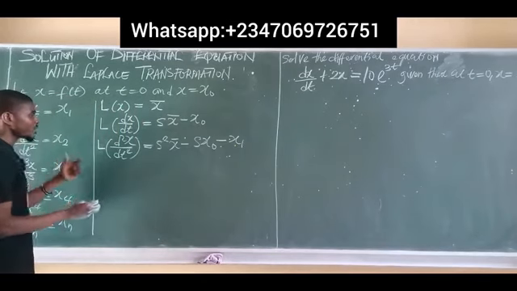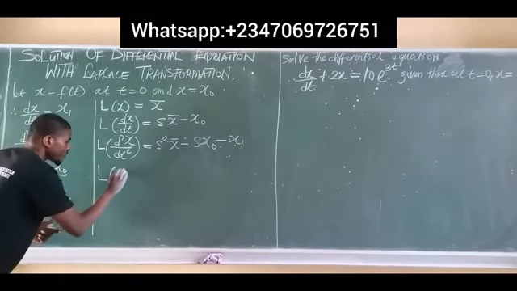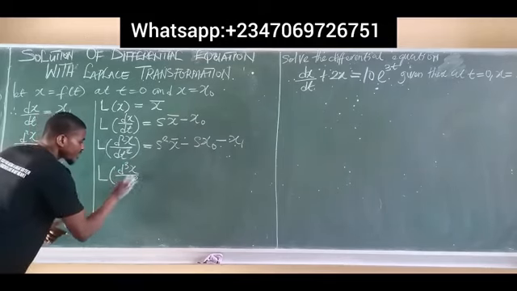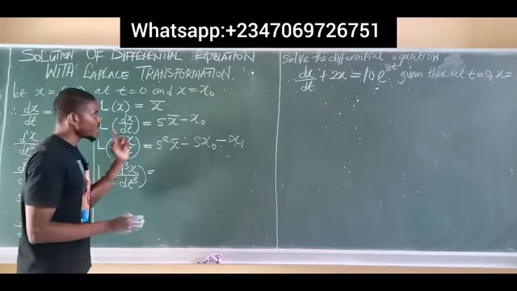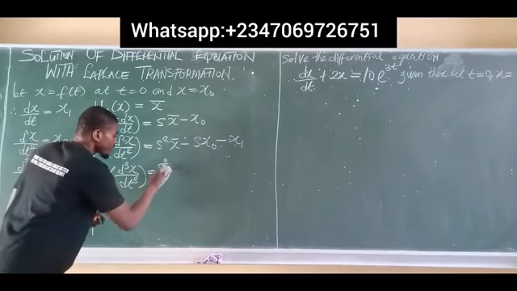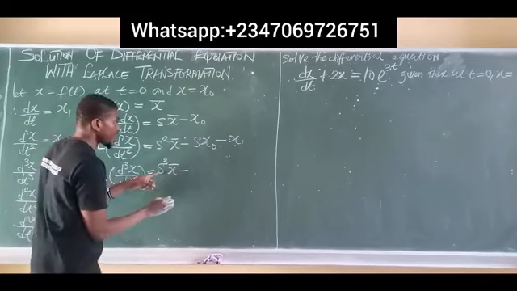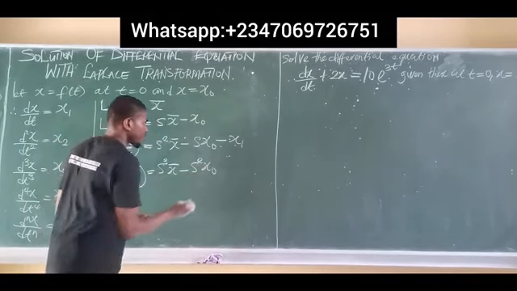Again, if it is a third order differential equation, then the Laplace transformation of d³x/dt³ is simply equal to, now you also build from this. Remember, if it is order 3, then s becomes s to the power of 3 multiplied by x bar. Next, now s becomes s squared multiplied by x naught.